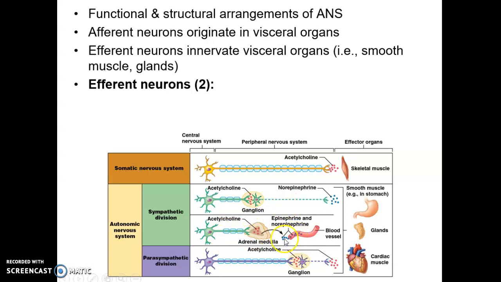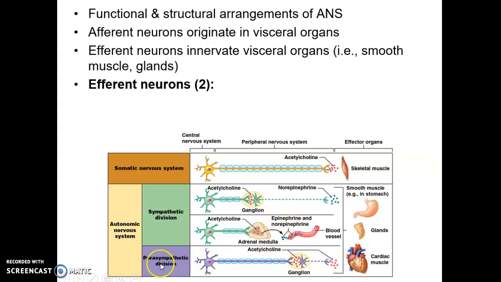This shows you the same thing. And in this situation here, the adrenal medulla gland that resides right above your kidneys acts as a secondary neuron that also releases neurotransmitters in the form of these two chemicals, epinephrine and norepinephrine.